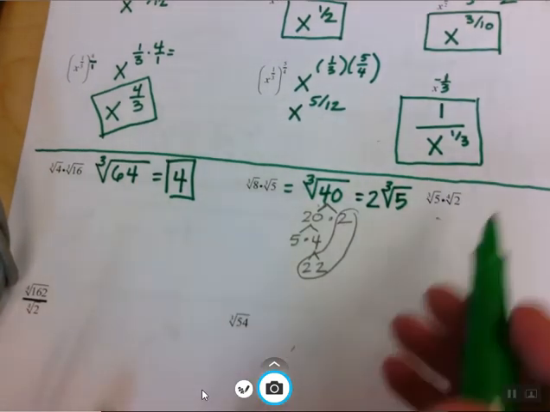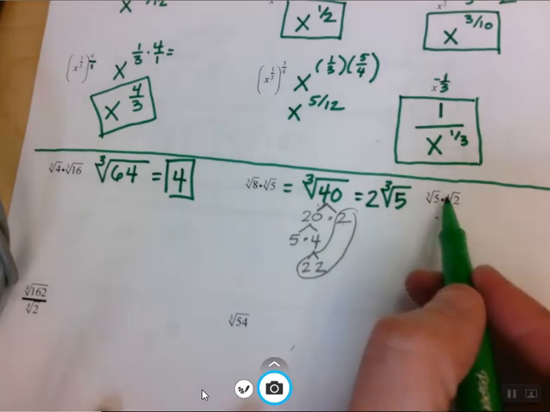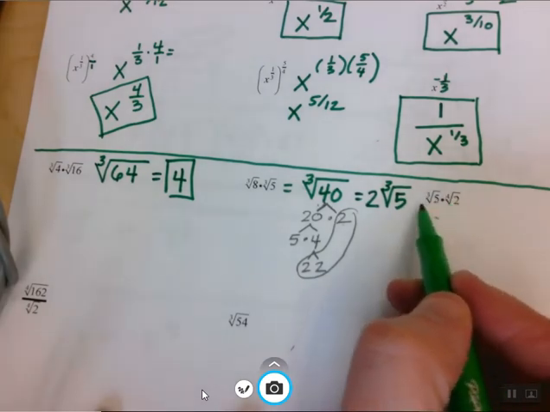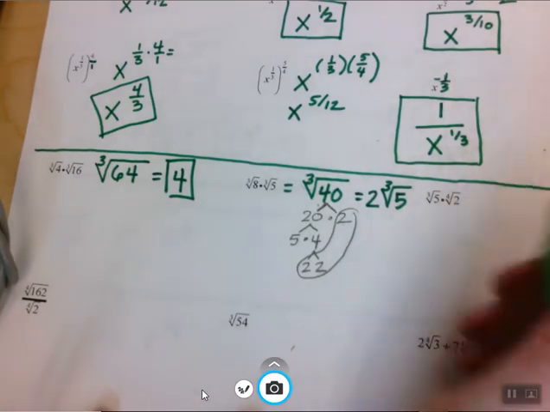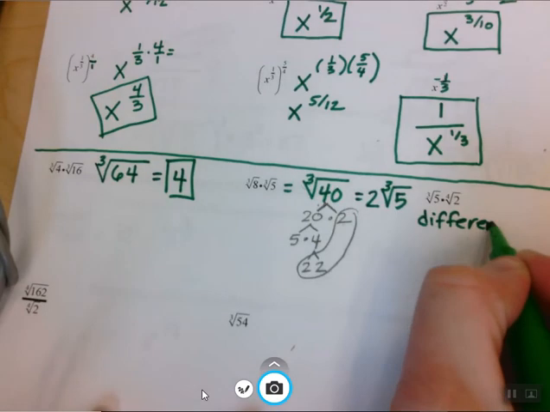Next one, I have a cube root and a 4th root. Do they have the same index? No, they have different indices, so if there's a different index, you cannot combine them.